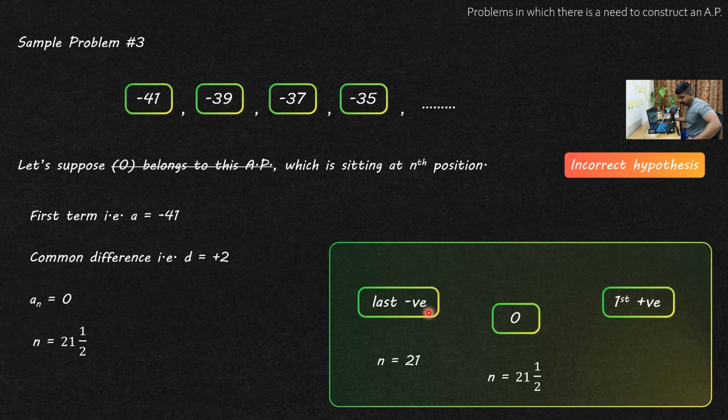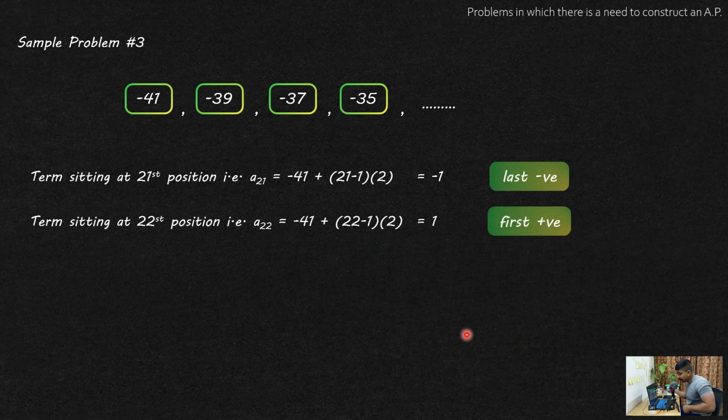The last negative term, you can guess it by now. I think you've guessed it, is the 21st term of this AP, and the first positive term is the 22nd term of this AP. So term sitting at 21st position, that is A21, is equal to minus 1, which is the last negative term of this AP, whereas the term sitting on 22nd position is equal to 1, which is the first positive term of this AP.